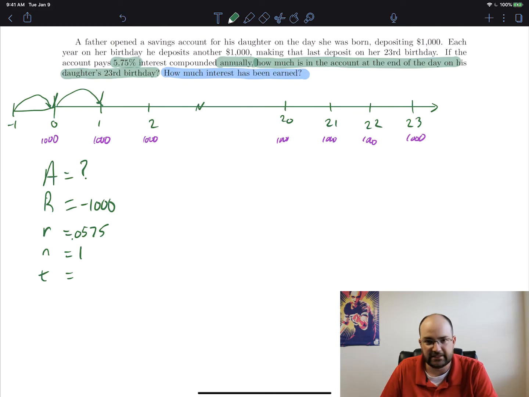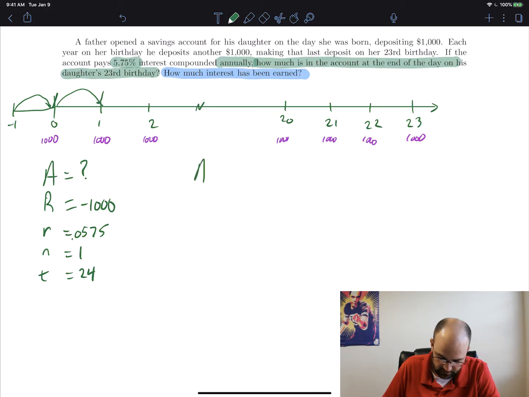And then the T is the number of years, but again, be careful. 1 year, 2 years, 3 years, so it's technically 24 years here. That's why it's a bit of a twist. A lot of people would say 23 for that exponent, but it's actually 24 because you have to remember these are always made at the ends of periods. So if he made a payment here at the 0, that means that this annuity actually began at -1.